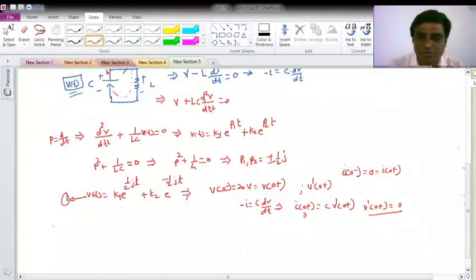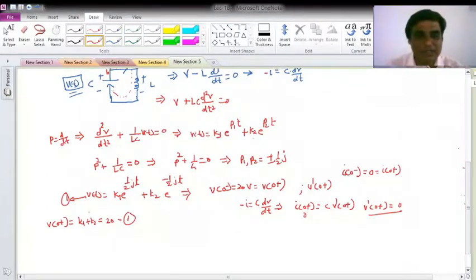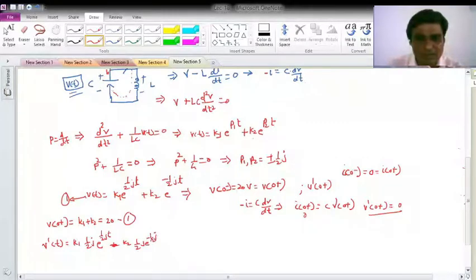Here first let me evaluate for V of 0 plus, which will be k1 plus k2, which is 20. I got equation 1. And for the second, let me find out the differentiation. V dash is equal to k1 half j into e raised to half jt, plus k2 times minus half j into e raised to minus half jt.